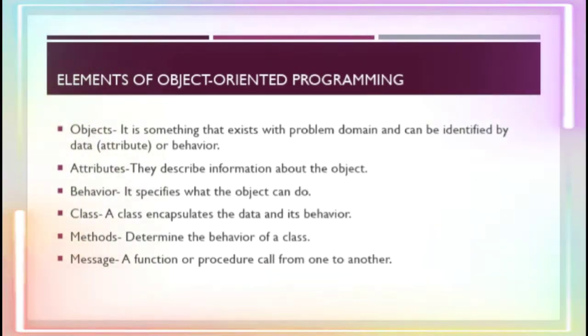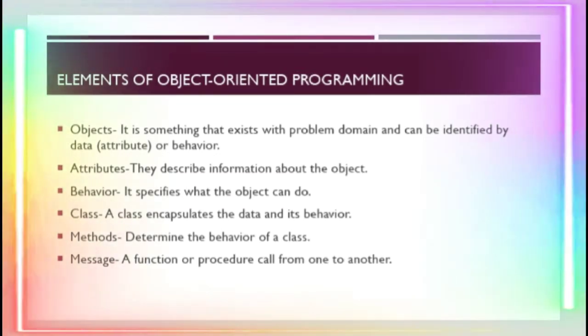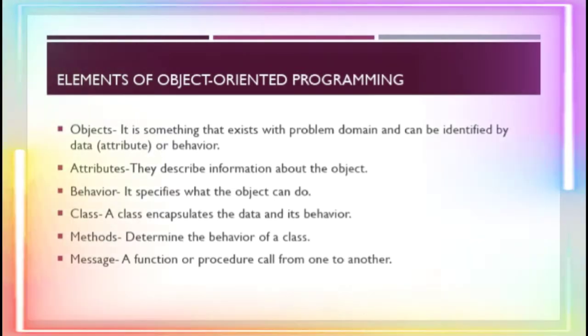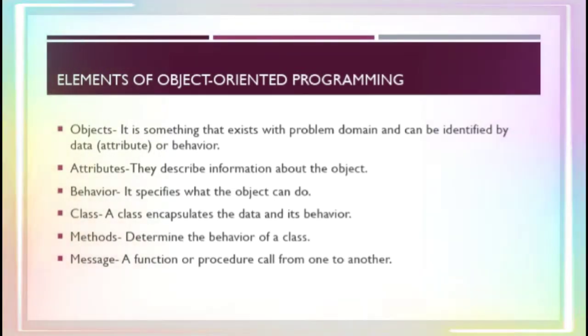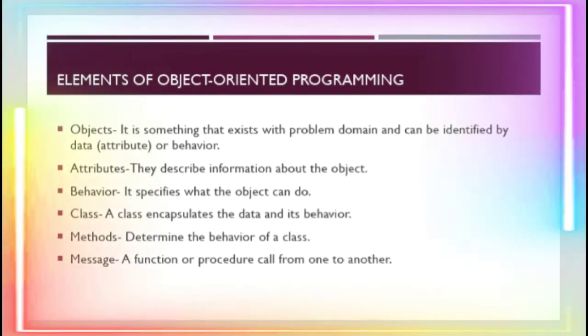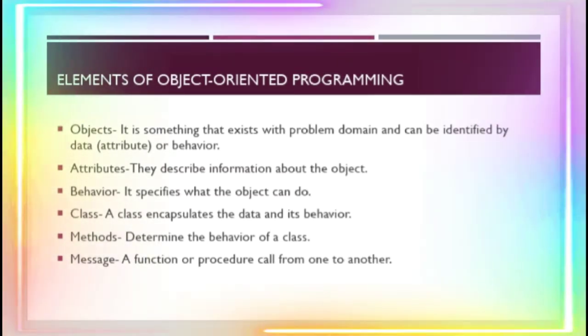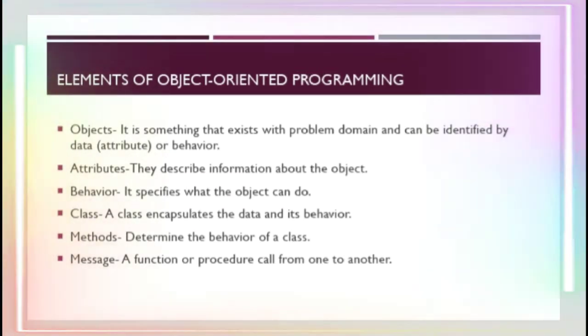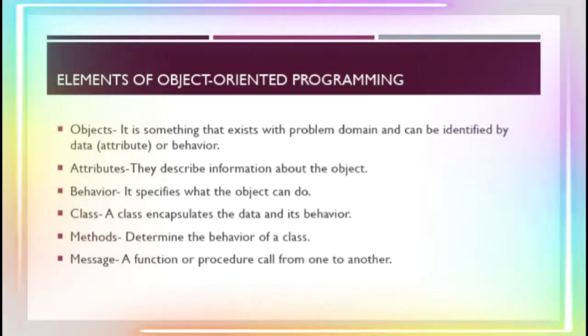It specifies what the object can do. Fourth is the class. A class encapsulates the data and its behavior. Fifth is methods. It determines the behavior of a class. Lastly, message. It is a function or procedure call from one object to another.